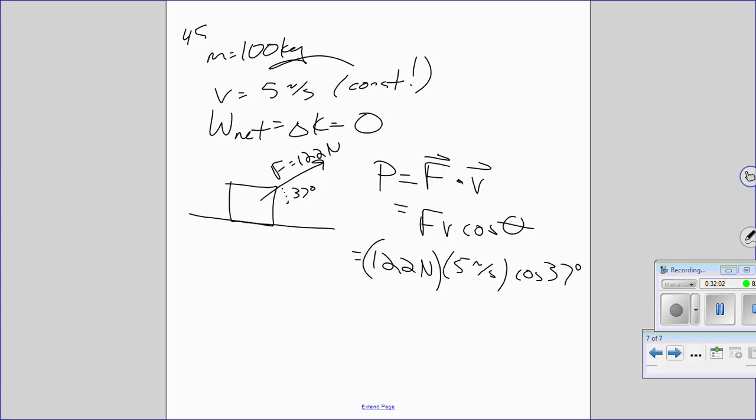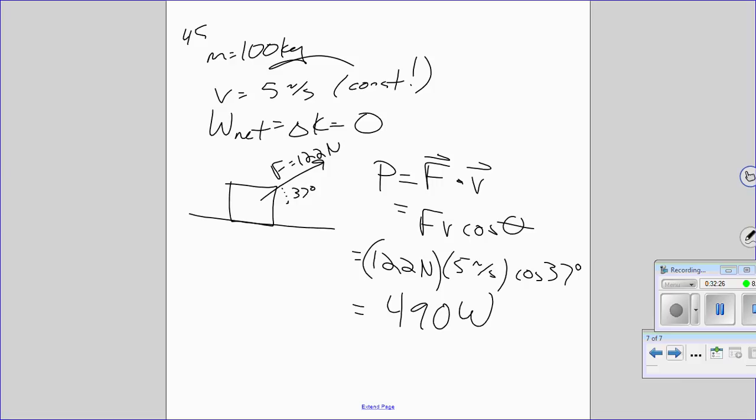All right, so check it out. If I'm driving at a constant velocity of 60 miles an hour, isn't my average going to also be 60 miles an hour? Same thing here. If my instantaneous power is always 490 watts, then as long as it's not changing, my average is going to be 490 also.